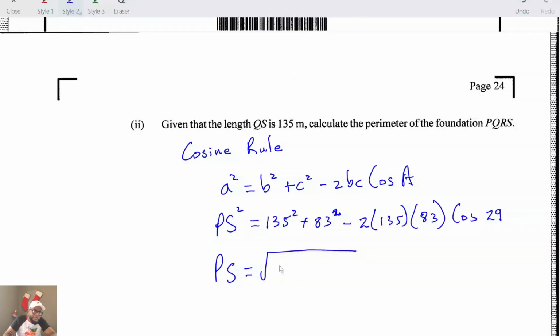Let me hear what you get. 5513.7. I get 5513.89, so I just round it off to 5514.